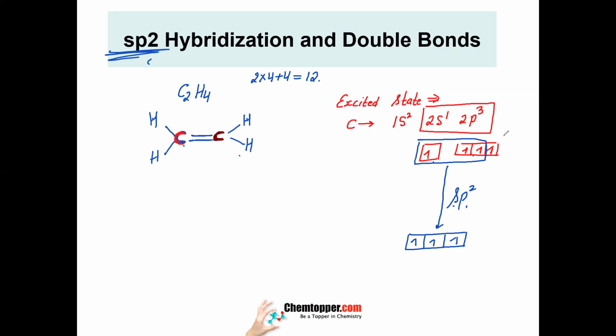And what about this one? Pure p is left as such. These are actually pure orbitals. Before hybridization, we call them pure orbitals. After hybridization, we call them hybrid orbitals.